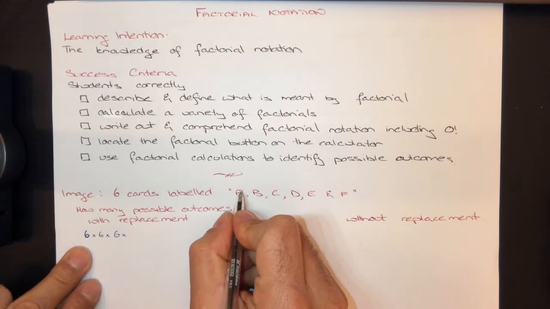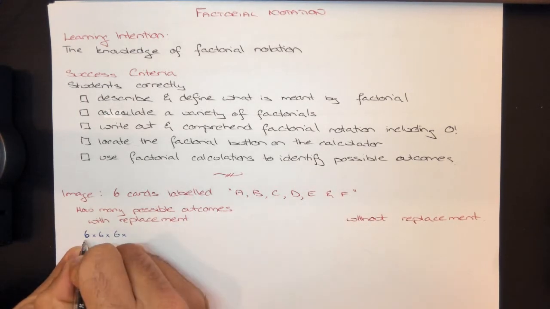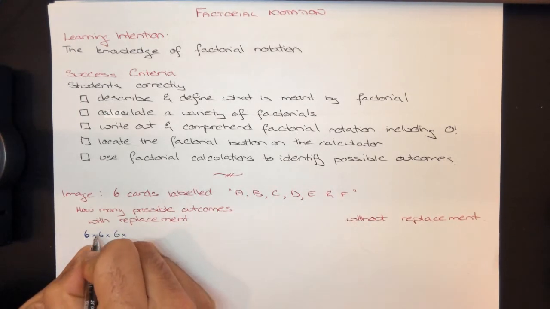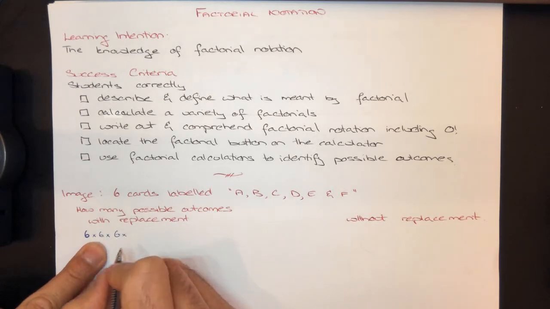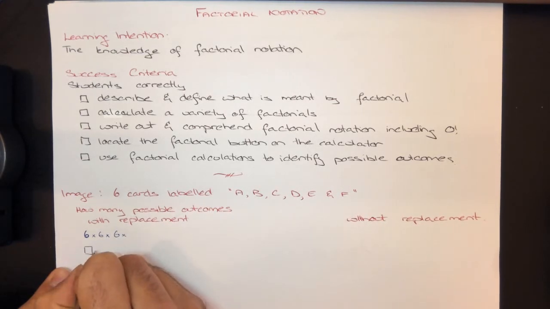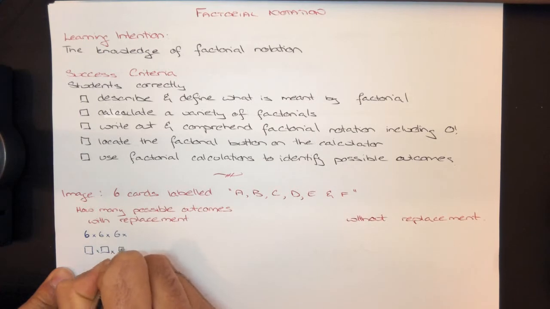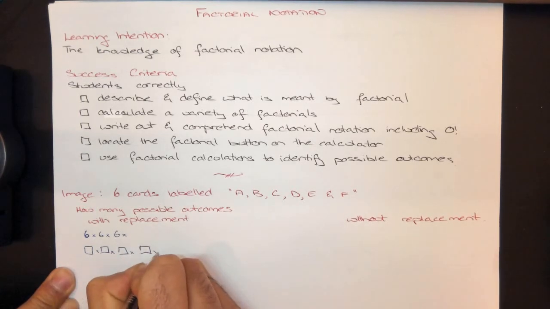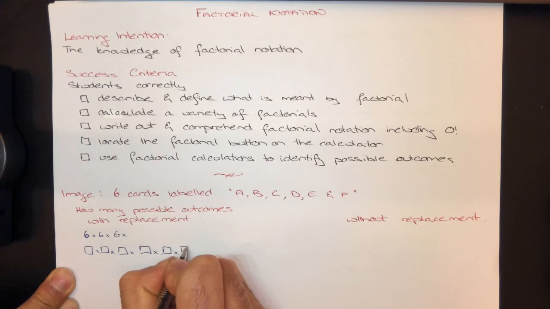There's 6 possible letters for the first outcome, 6 possible letters for the second outcome.